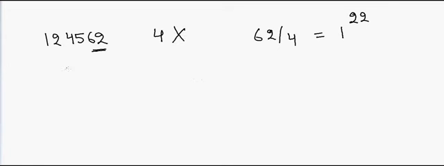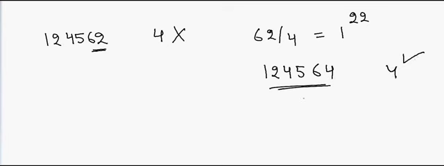So how can I modify this number? If I add 2 more at the end, I'll make it 1 2 4 5 6 4, then this number should be evenly divisible by 4. And I can modify this number in any way.